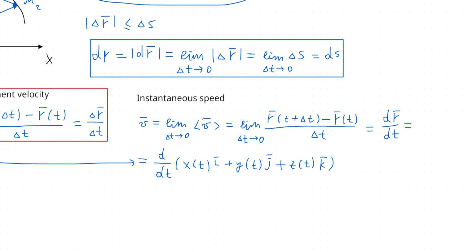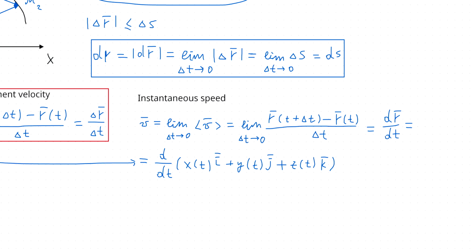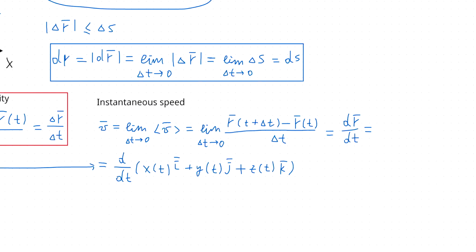They are functions of time, and the orts e, j, k are constants. So we can write that it is equal to Vx e plus Vy j plus Vz k.